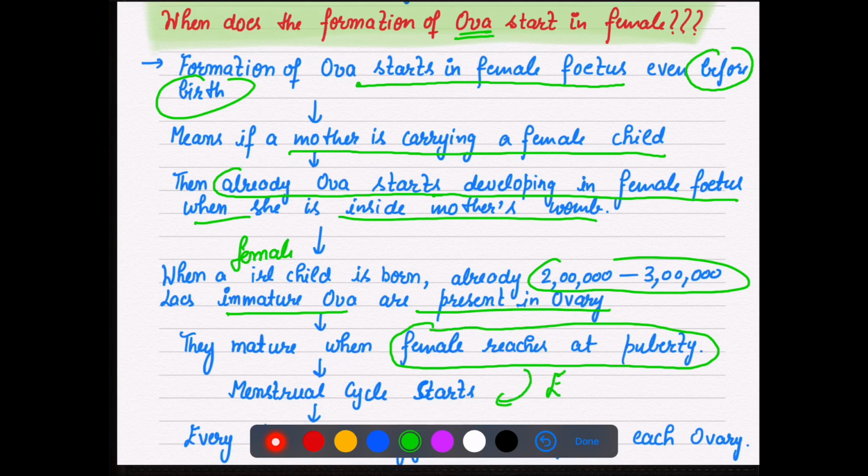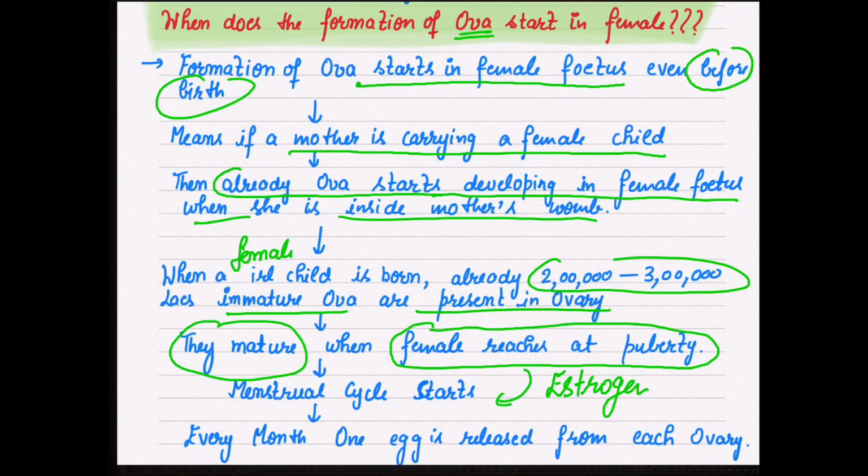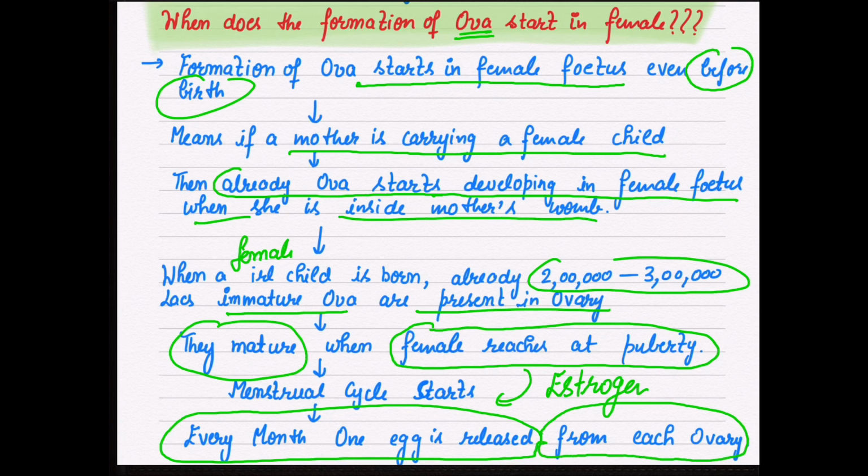Which hormones? Estrogen and progesterone. The menstrual cycle starts. With the menstrual cycle, the egg matures, and every month only one egg is released from each ovary.